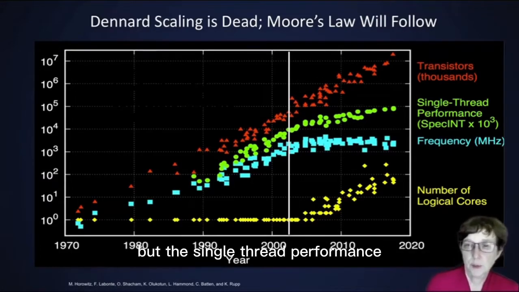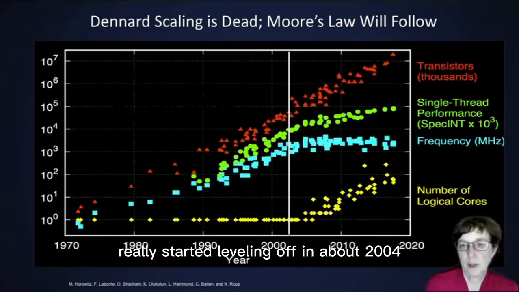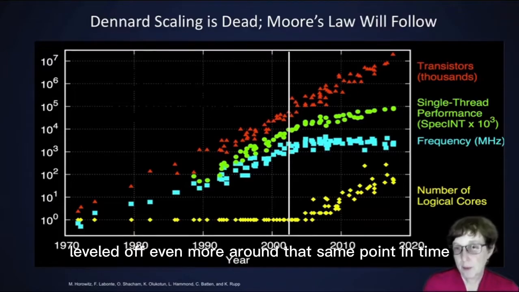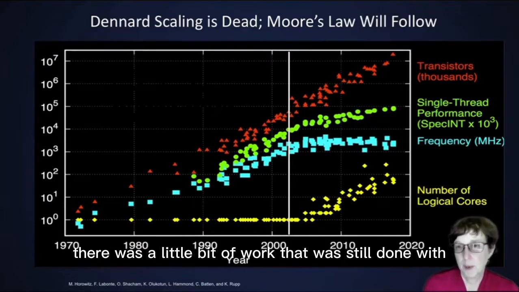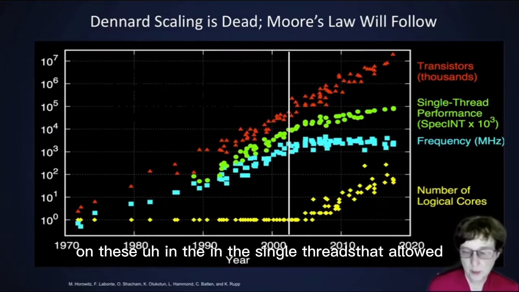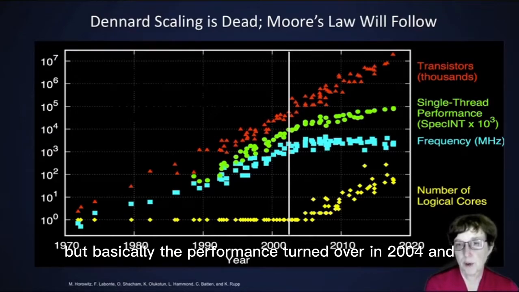But the single thread performance, the serial performance of these, really started leveling off in about 2004. And the clock speeds leveled off even more around that same point in time. There was a little bit of work still done with some of the other features in the single threads that allowed a little bit more performance improvement, but basically the performance turned over in 2004.